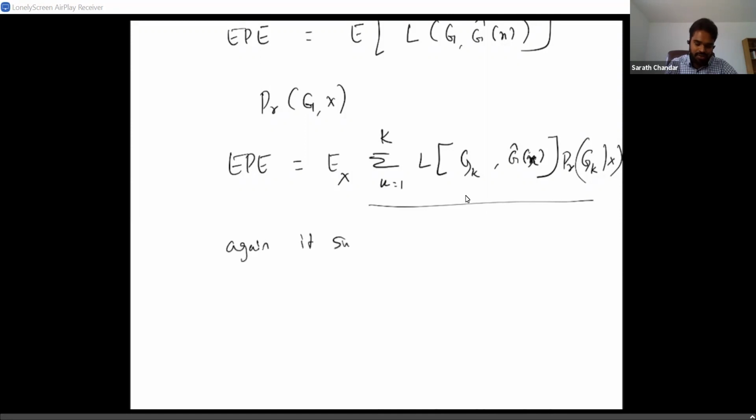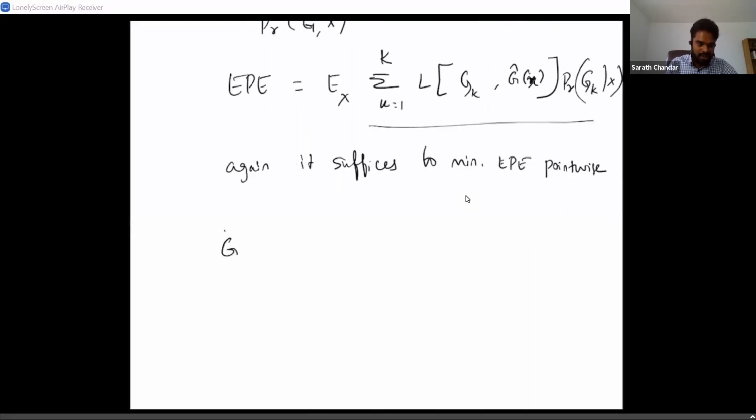Again, it suffices to minimize this EPE pointwise. We don't need to worry about the expectation over X, so we're just going to remove it. I think I'm confusing you guys with different notations.